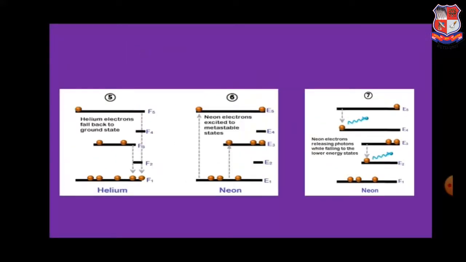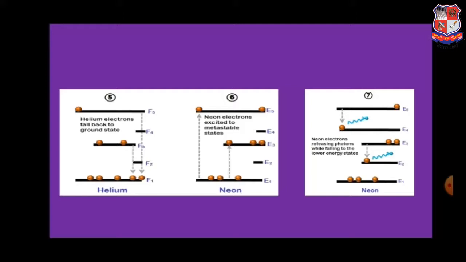So this was all about the construction, principle and working of the HeNe laser. This particular video will be helpful to gain a minimum of 7 marks in your GTU examination. If you review the papers of GTU exams of previous years, this question is definitely asked for 7 marks, so I suggest that you prepare this particular article for good marks in the GTU examination.